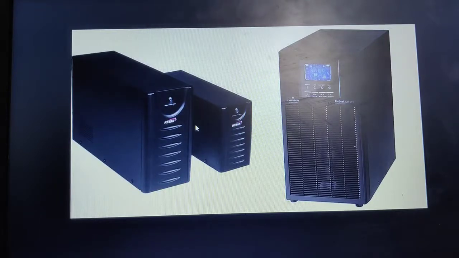Whenever your computer system is connected to the offline or online UPS and you are working, if the power supply suddenly goes, the power stored in the battery of this UPS will supply power to the computer system, so that you can work for a few hours, save whatever is there in the RAM, and then shut down the computer system successfully. For that sake we are using the UPS.